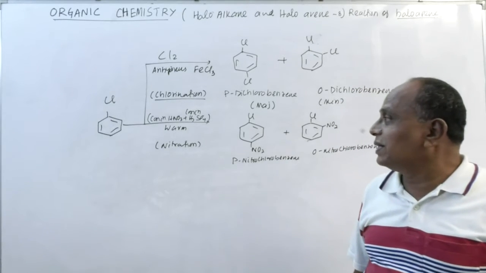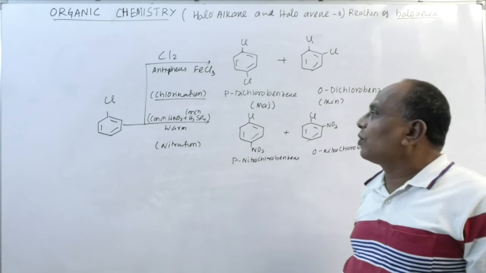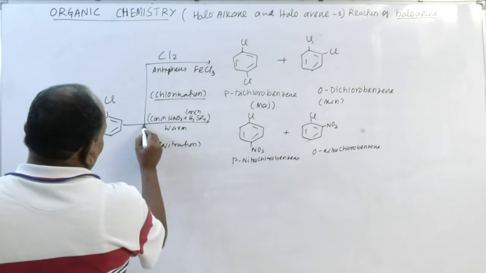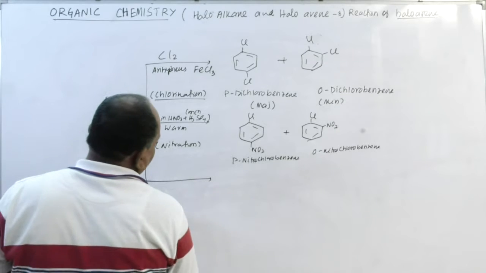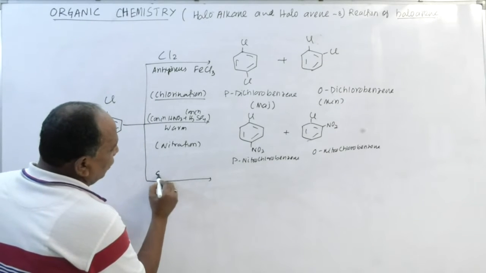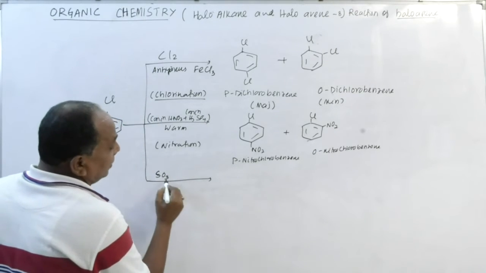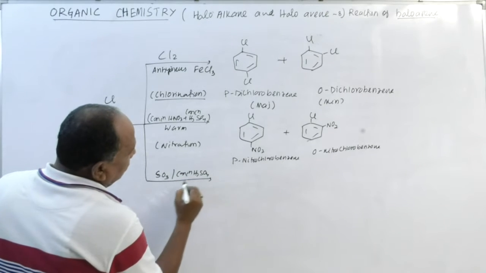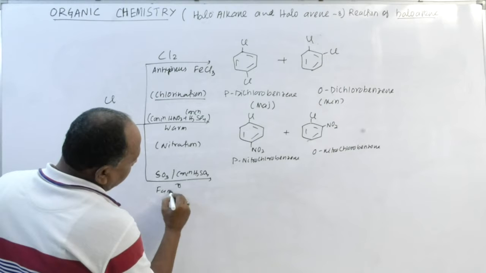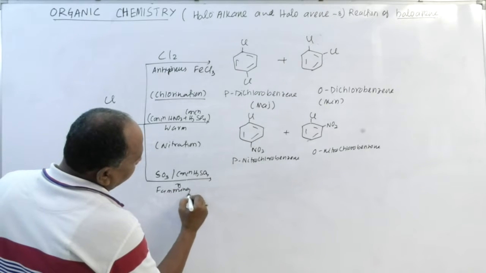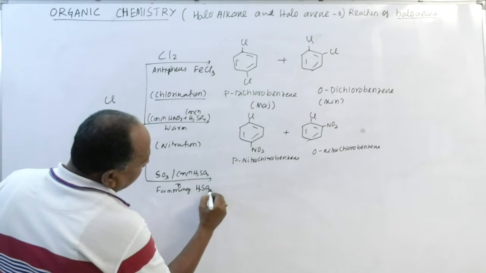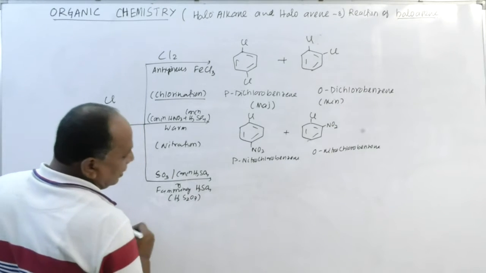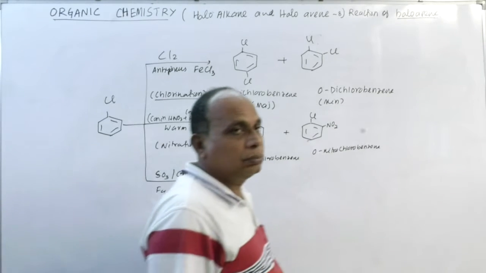Okay, students, these are the electrophilic substitution reactions. Similarly, when chlorobenzene is treated with sulfur trioxide and concentrated sulfuric acid, or with fuming sulfuric acid, that is H2S2O7, called oleum.